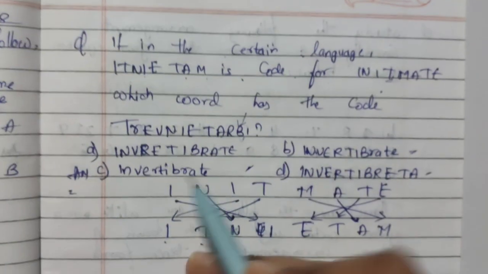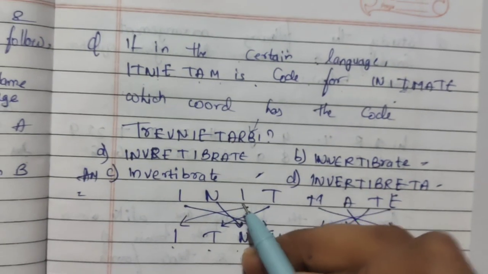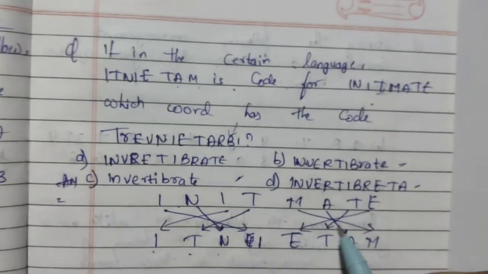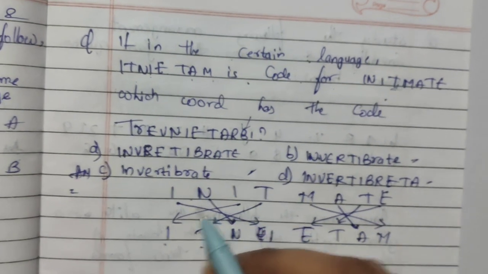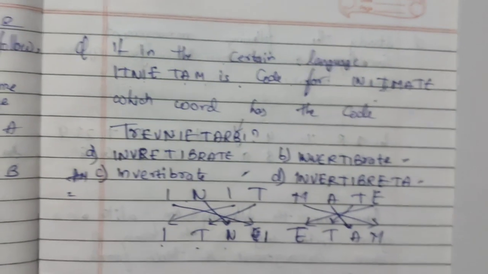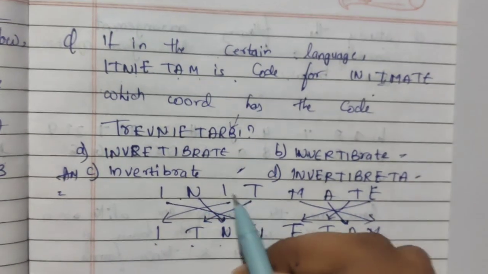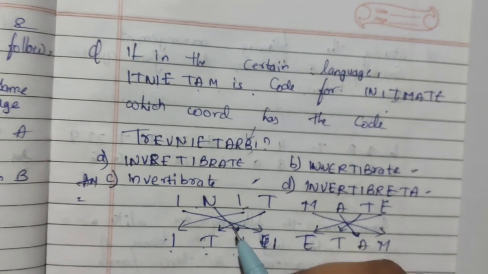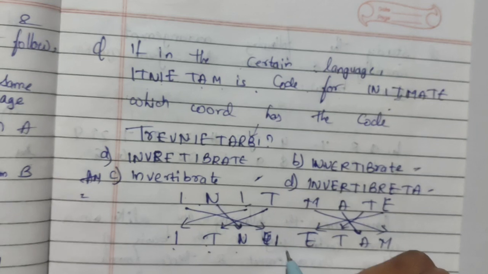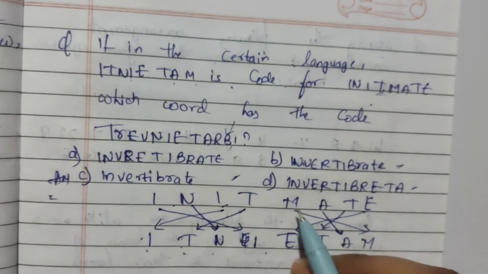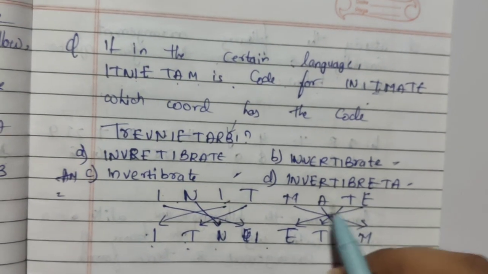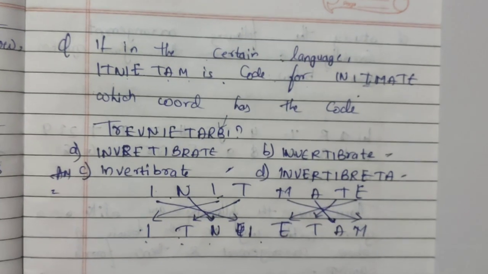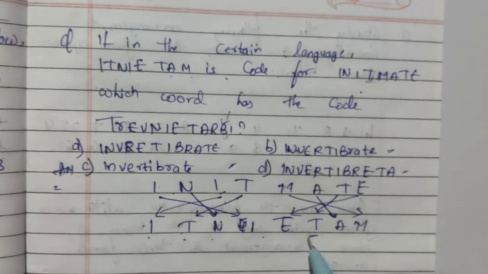Now in this INITIATE, we divide it into two parts. First there is INIT and second there is MATE. Now we see that it is just shuffling the characters. The I is the first one, T is the second, N is the third, and I is the fourth. In MATE also, M is the last one, A is the second last, E is the first, and T is the second.